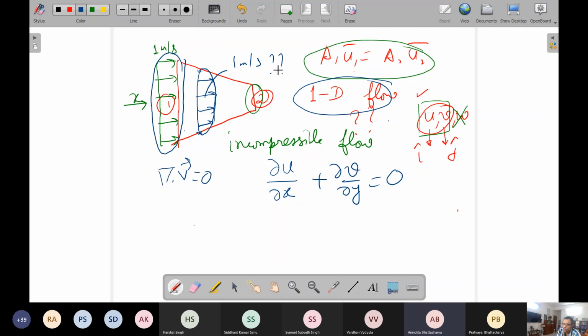Because simply you have to satisfy the continuity, flow continuity, right? No matter viscous, inviscid, forget about that. Flow continuity is a fundamental thing. So 1 meter per second into this area must be whatever it is into the smaller area. So area is smaller, so this has to be greater than 1 meter per second, right? Yes, sir.